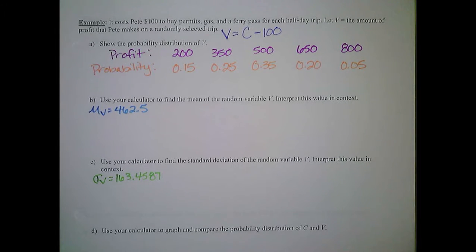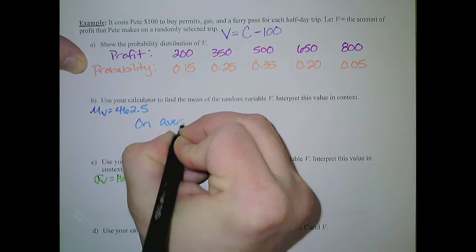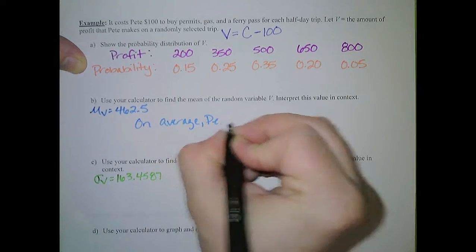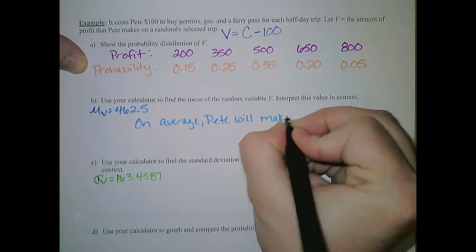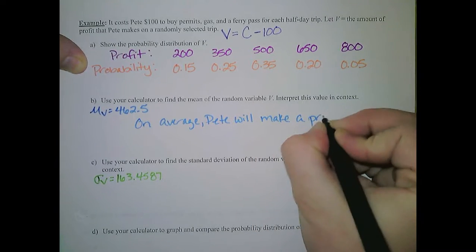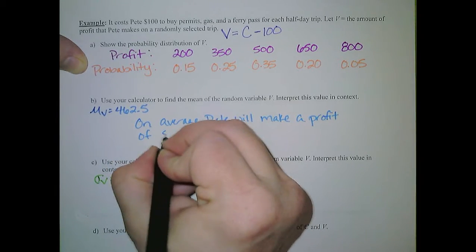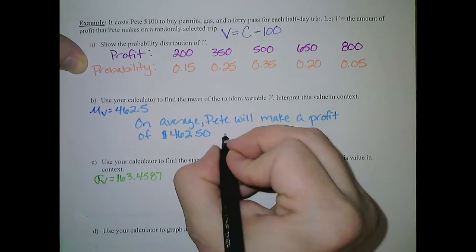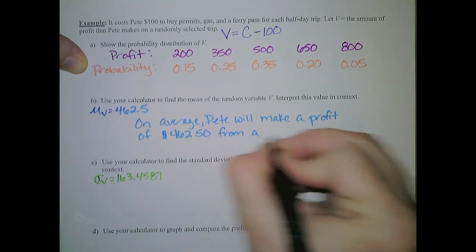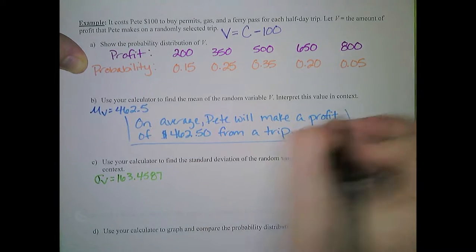So the mean is 462.5. This means that on average, Pete will make a profit of $462.50 from a trip. That's his average profit for his trips.